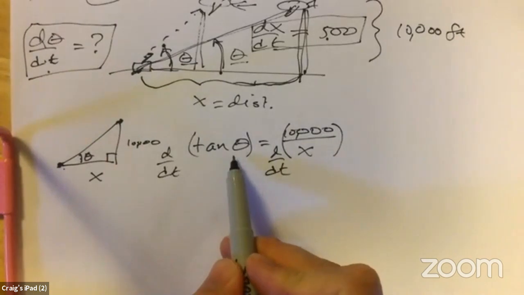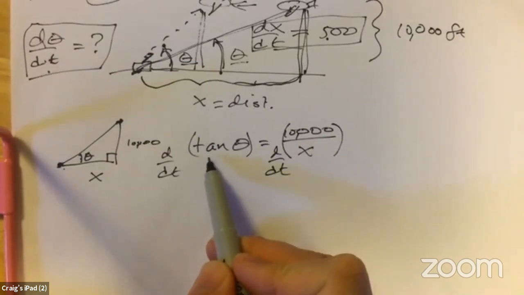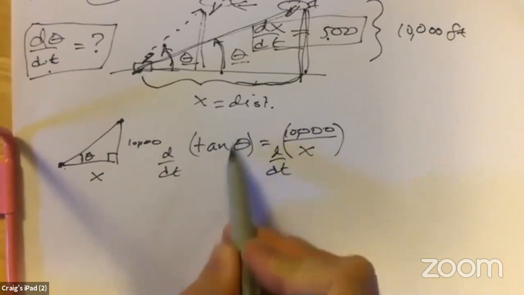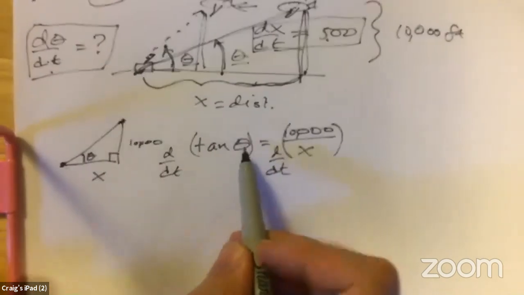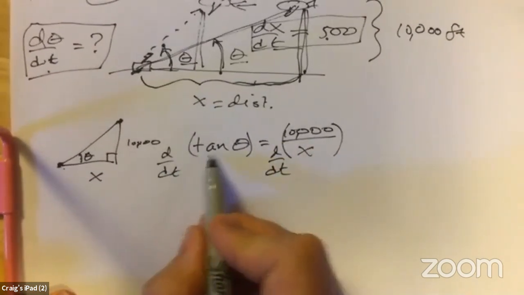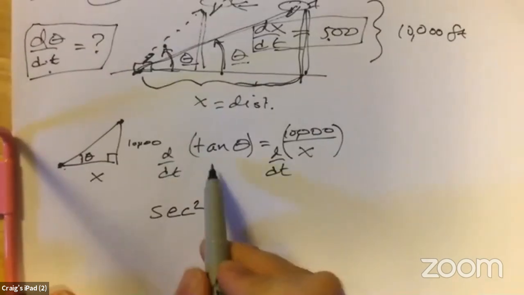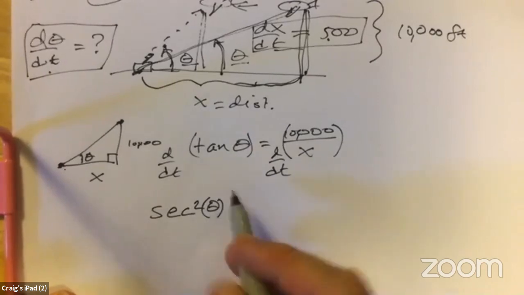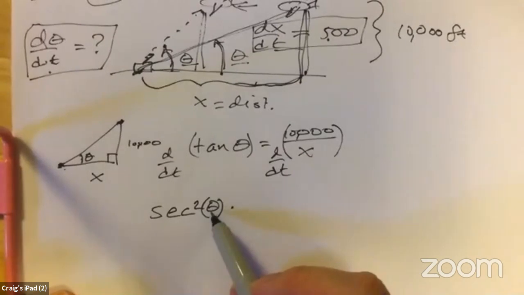In particular, we're using implicit differentiation in some sense. We're using the chain rule, that theta is actually an unknown function of t. So when I differentiate it, I differentiate the outside function, secant squared. I leave the inside function alone. It's just theta of t still, I just don't know what it is.